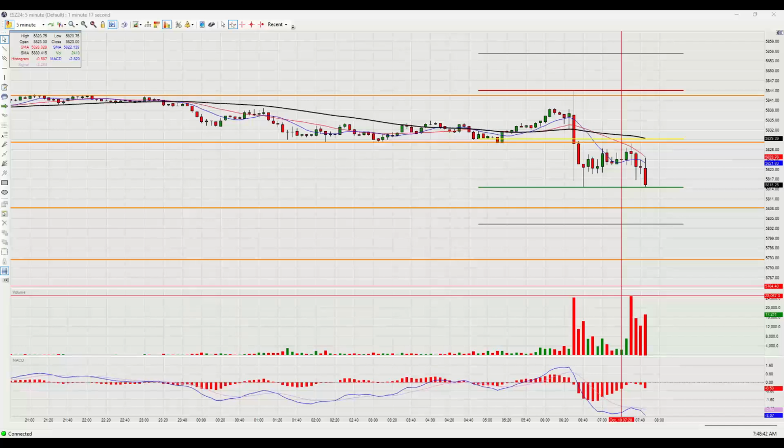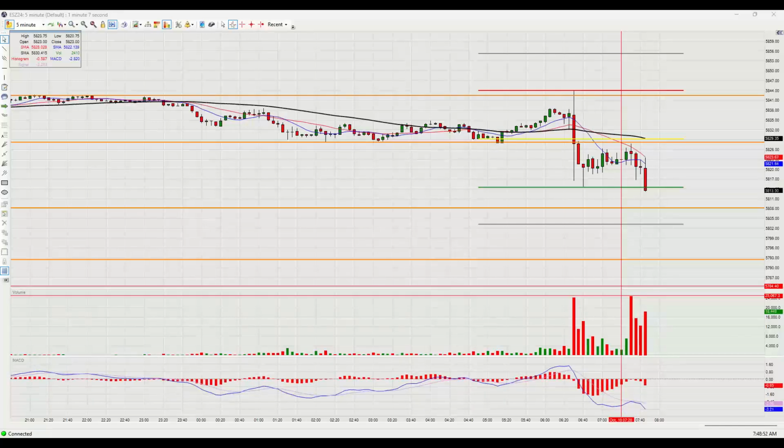Now, why am I confident in that? Well, it's observable over and over and over again that this test right here, this 1.5 points, can be and often is low enough.